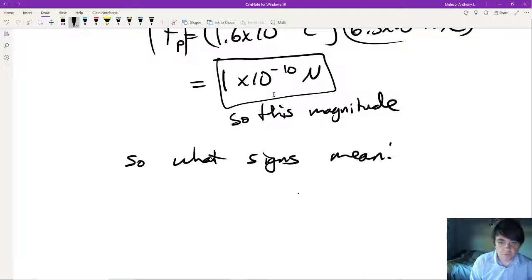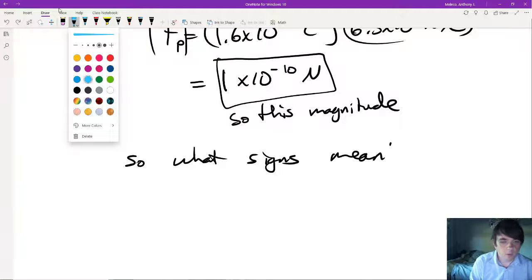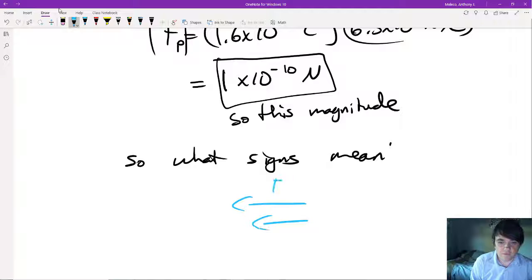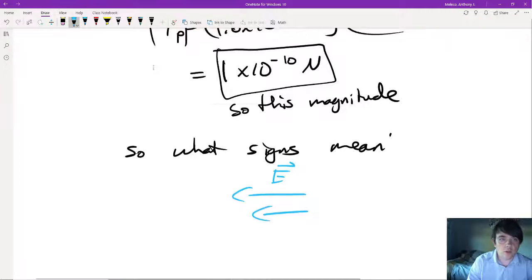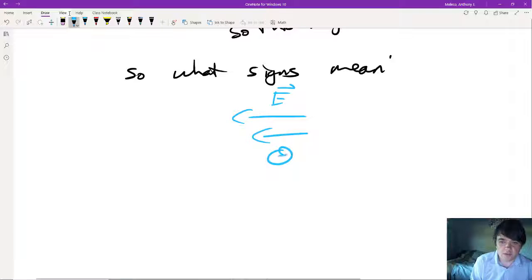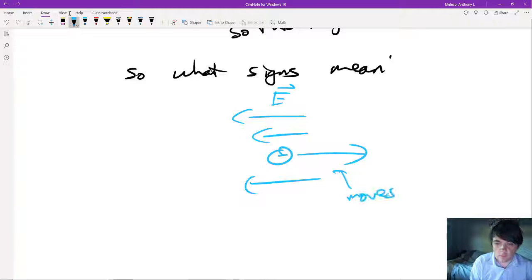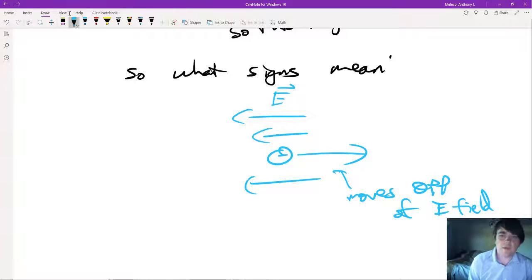If you have an E field like this, so this is E, and you place an electron in it, it will move to the right. It will move opposite of the E field. A proton or something with a positive charge would move with it, okay?